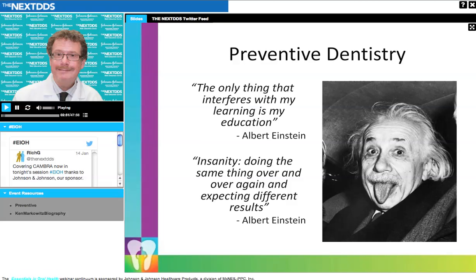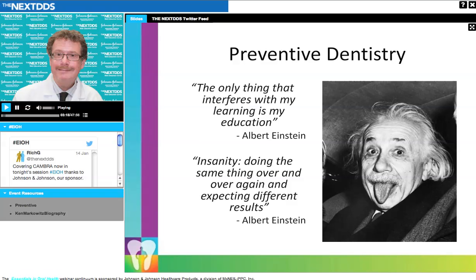Insanity is doing the same thing over and over again and expecting different results. I have really dealt with this firsthand. When I was a young dentist, I worked in a health center in New York City. You'd fix up a person's tooth, do fillings, and, oh boy, you get them again, and everything is falling apart.